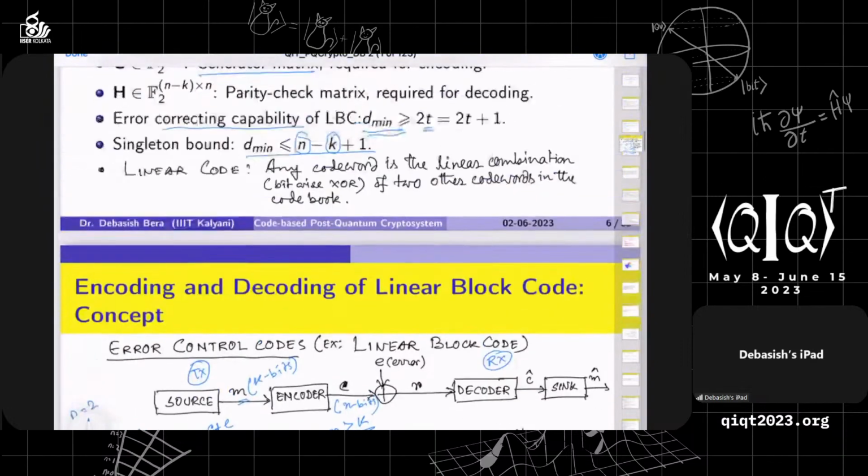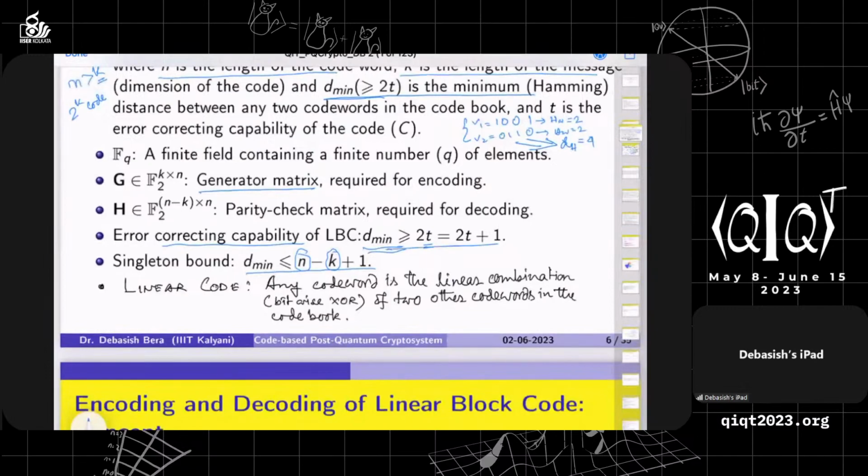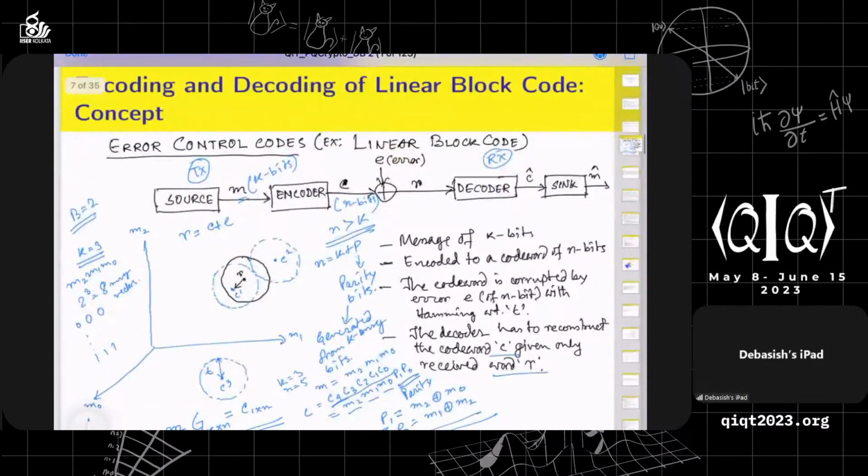By this bound, t is the radius around the code word up to which the code word can correct any error. If any received word resides inside the sphere of a code word, the decoding algorithm should be designed so that it decodes to the respective code word. So R should be decoded here.